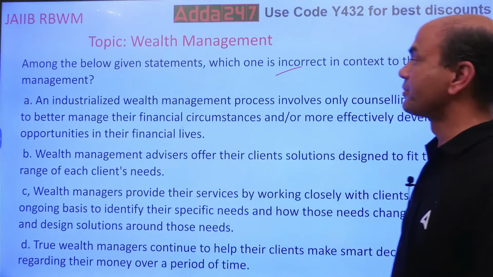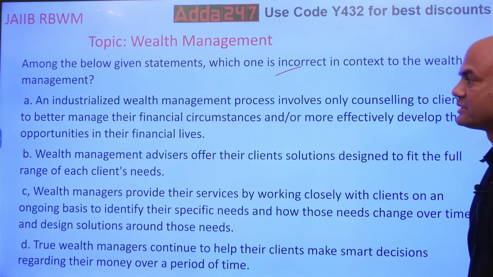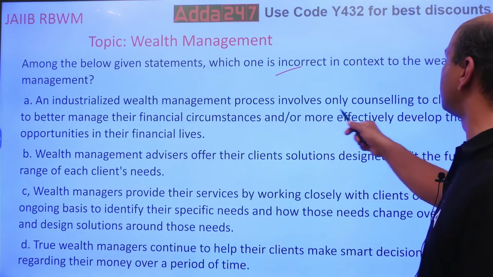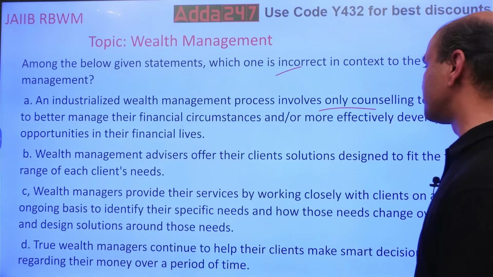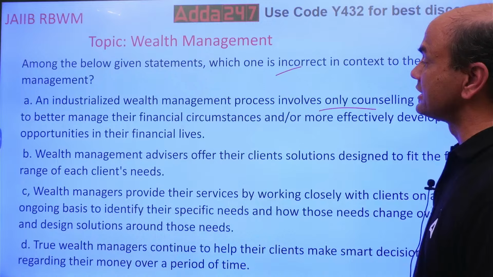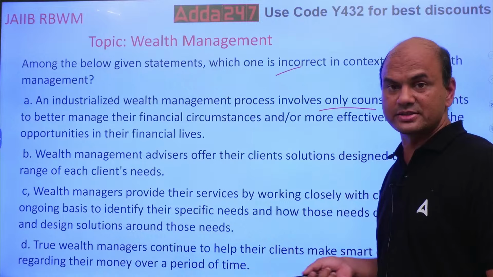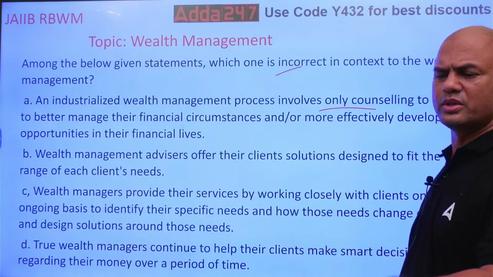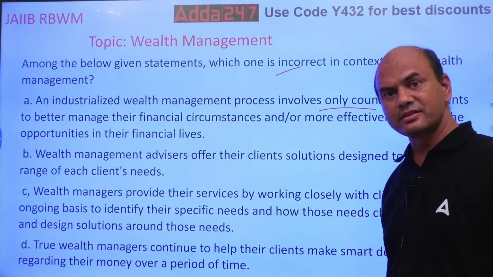An industrialized wealth management process involves only counseling to the clients to better manage their financial circumstances, and more effectively develop the opportunities in their financial lives. Only counseling. Remember, only counseling. Focus on the main words in this. Does it involve only counseling? You'll just tell, now you do this. I don't know anything else. Now it's up to you. Can you do such a thing?